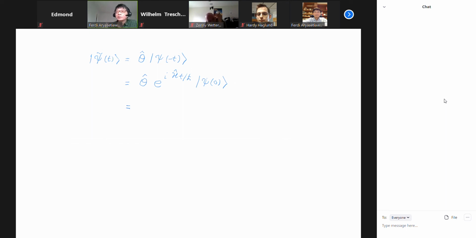But we have to be careful when we do these commutations because the time reversal operator converts a complex number to its complex conjugate. So when we commute it here, we have to change the sign of the i. It's minus i instead. We have theta acting on psi of 0 like that. And so these are just the time reverse state at 0.